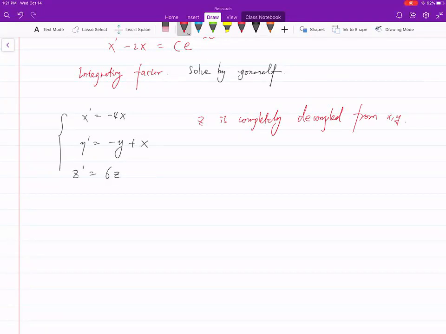Number two, x and y are partially decoupled, which means if you have 1 and 2, you definitely solve 1 first, then 2, because 2 needs 1. So it's possible when you have 3, part of it is completely decoupled, and the rest is partially decoupled.